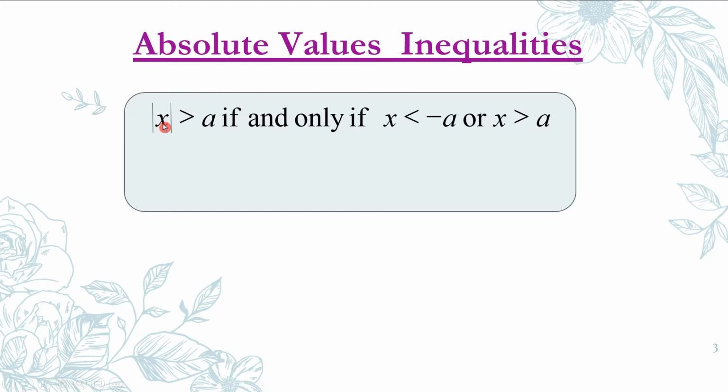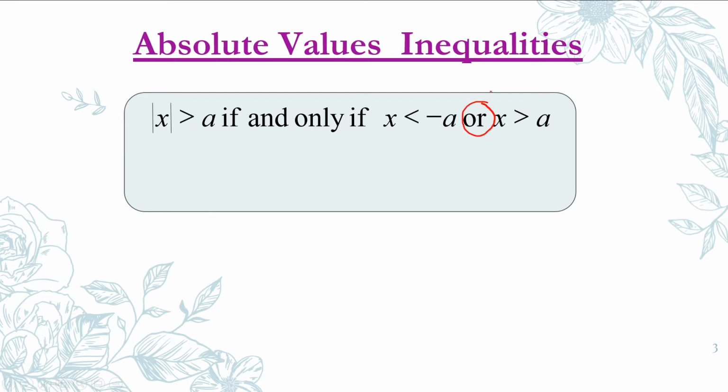If absolute value of x is greater than a, it means that x is less than negative a or x is greater than a. So bear in mind this keyword here, or.